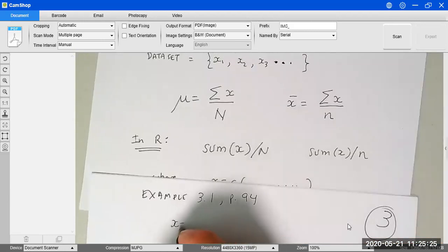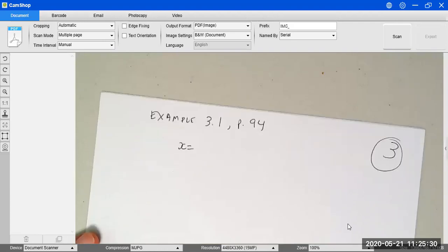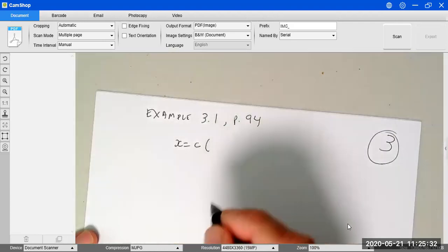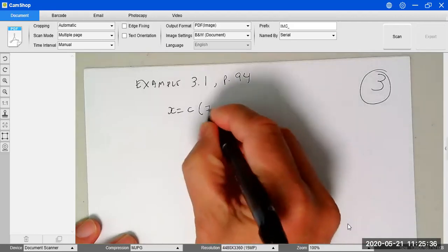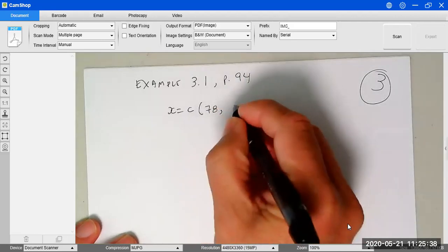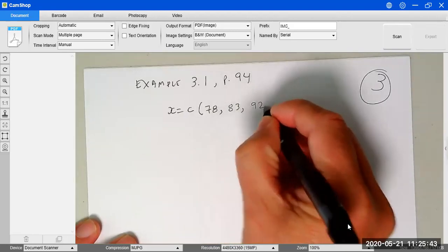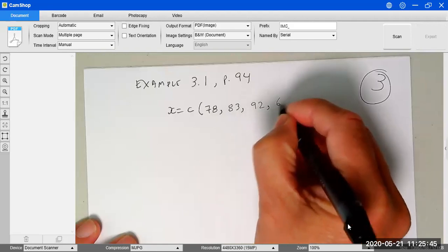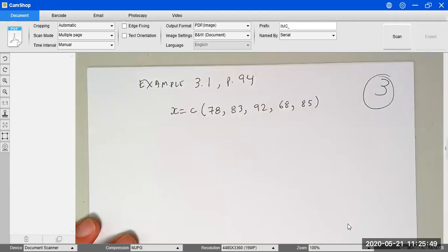I'm going to write x equal, and the values I'm going to enter into R are going to be 78, 83, 92, 68, and 85.